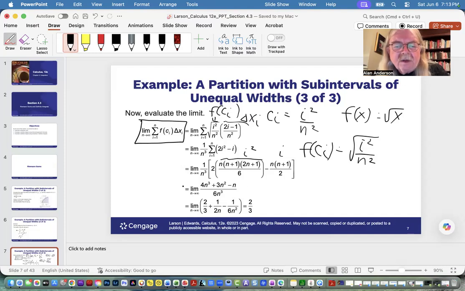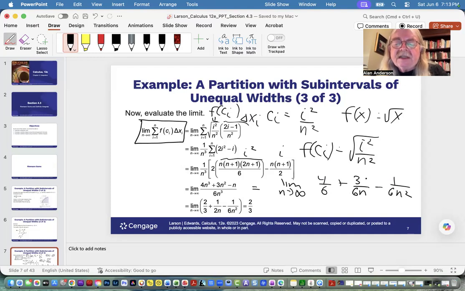Now, when we get to this point, we can simplify. 4n cubed over 6n cubed is 4 over 6. Then we'll have 3 over 6n. Then we'll have minus 1 over 6n squared.